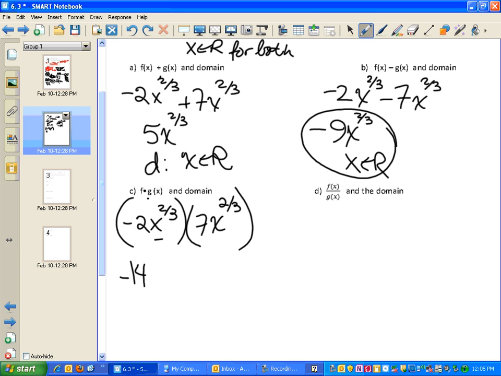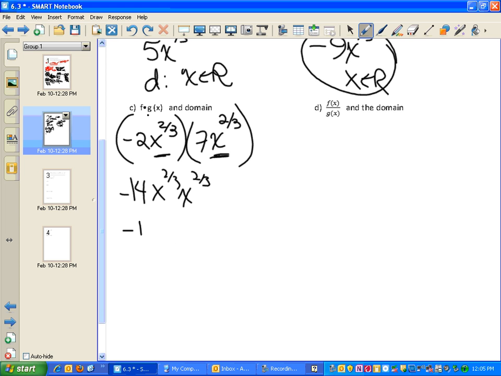What happens with the x to the 2/3 and the x to the 2/3? So I have an x to the 2/3 and an x to the 2/3. And my answer, I add what? So that's negative 14x to the 4/3. Right? Well, because 2/3 plus 2/3 is 4/3.